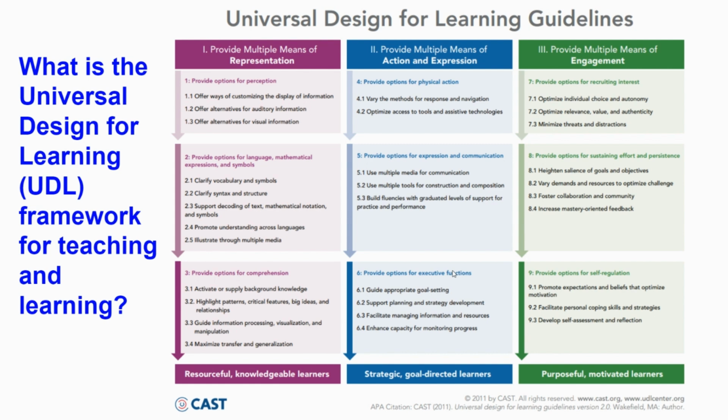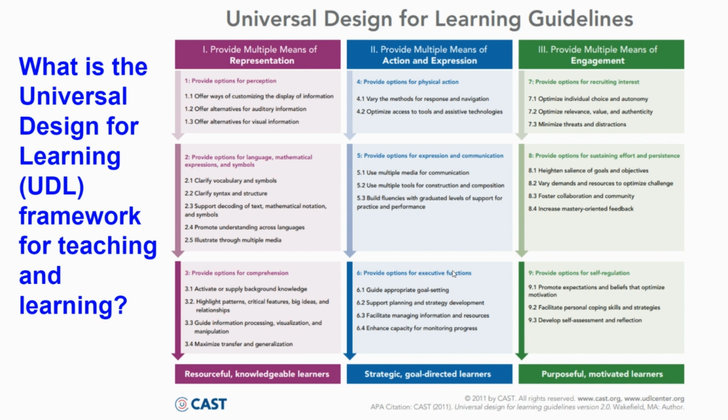So if you look at the bottom of the UDL guidelines on your screen, the left-hand side is all about the recognition brain network. And that leads to, if you look at the bottom of the column, resourceful, knowledgeable learners. If you're driving, by the way, please don't look at your screen. The middle column is about the strategic brain network. That's where we provide multiple means of action and expression. And if you look at the bottom of the middle column, you'll see strategic, goal-directed learners is what we get from that.